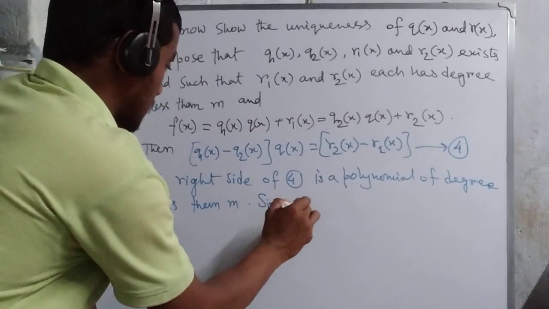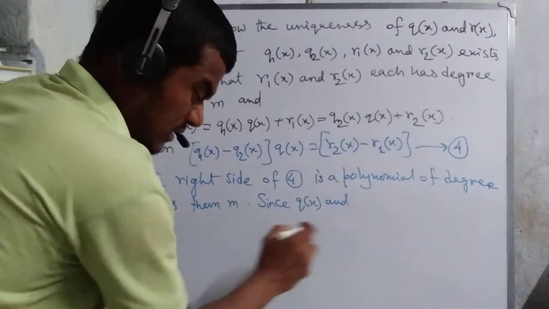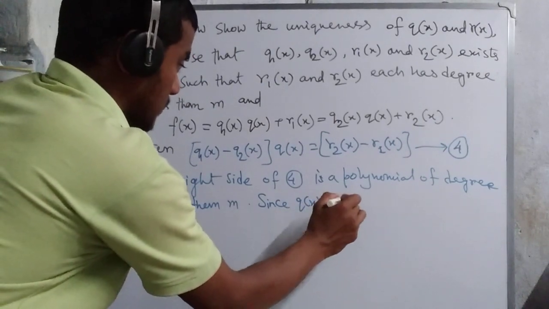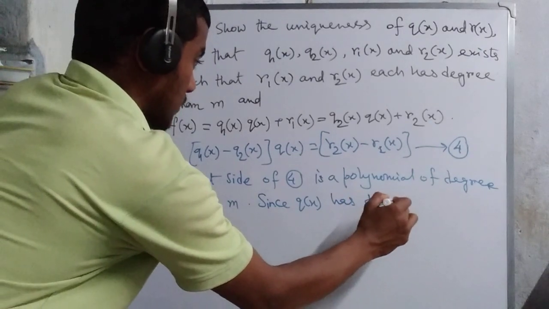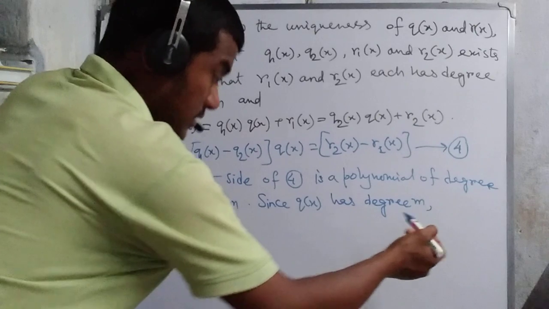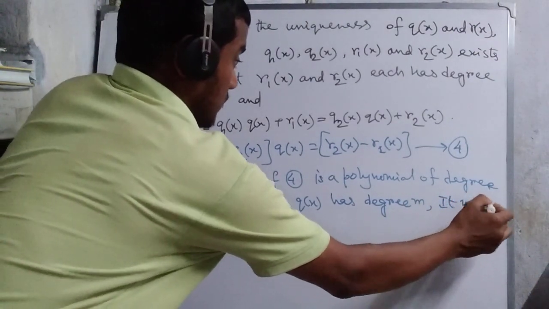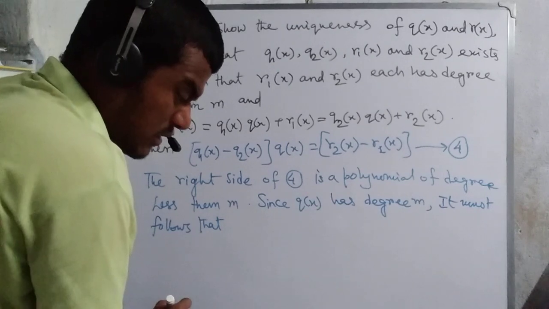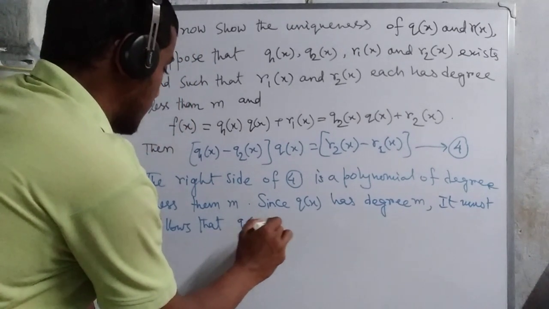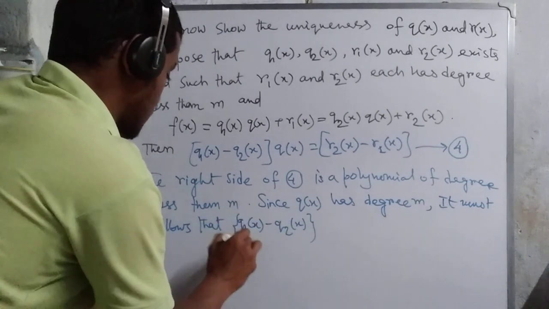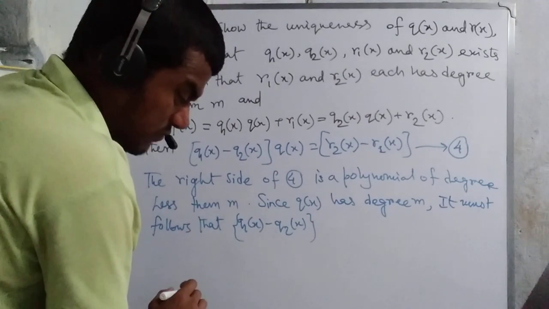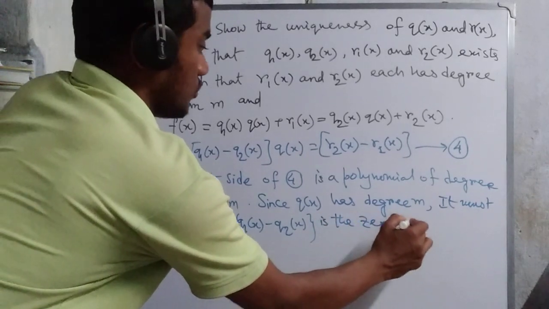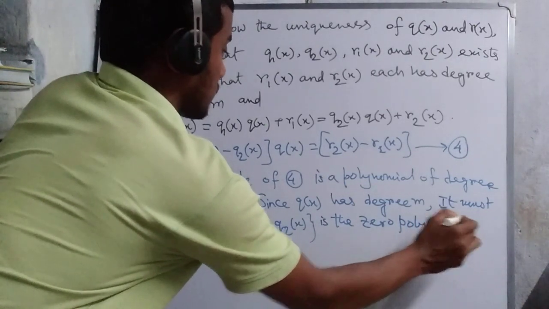since g(x) has degree m, it must follow that q1(x) minus q2(x) is the zero polynomial, otherwise the two sides are not equal.